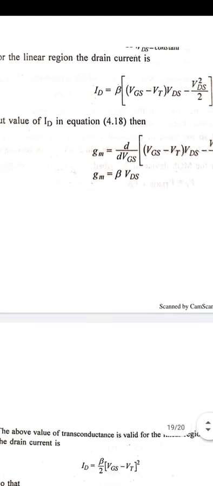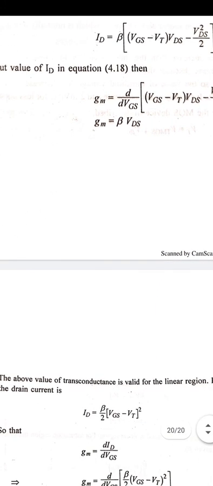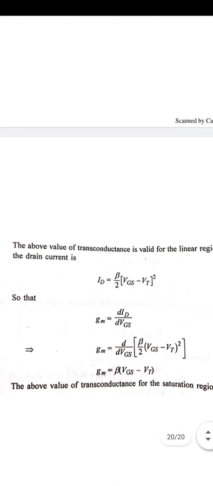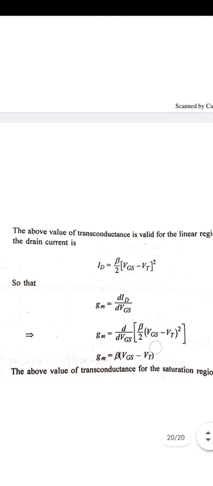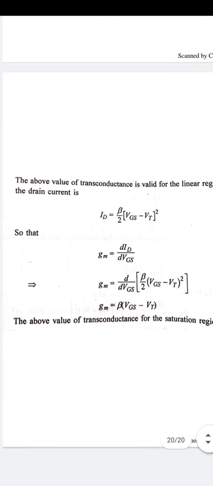But when we calculate it in the saturated region, ID is equal to beta by 2 (VGS minus VT) whole square. So GM is equal to del ID by del VGS. When we differentiate it with respect to VGS, I get GM is equal to beta (VGS minus VT). So this transconductance shows the relationship for the saturation region.